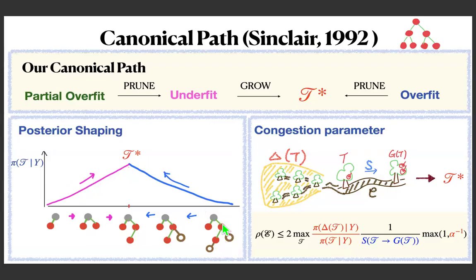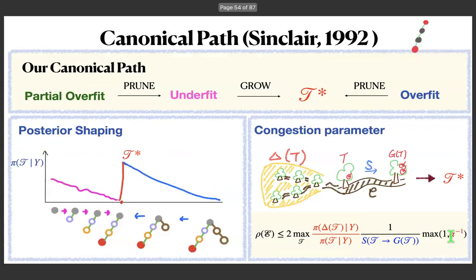When it is overfitting, as we prune toward the true tree, the posterior increases. When it is underfitting, as we add more nodes, the posterior increases again. In this way, we can control the congestion parameter because the posterior mass and acceptance rate will be improved.